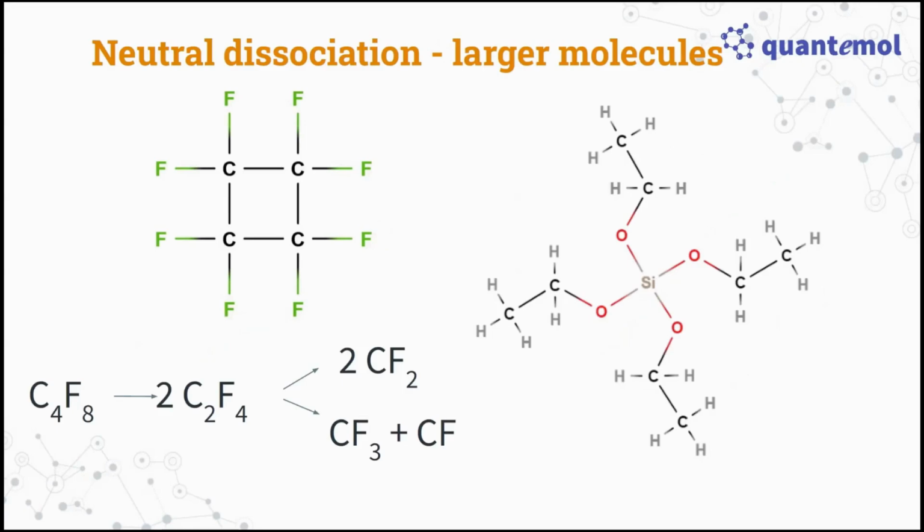So first of all, you cleave it in half and you get 2CF4. But then we also have that this fragment goes on to another process to generate either 2CF2 or CF3 and CF, which then brings in the question of how are we going to weight these? We have our excited cross-sections we can sum, but which goes to which process, which goes to another process, it's not entirely clear.